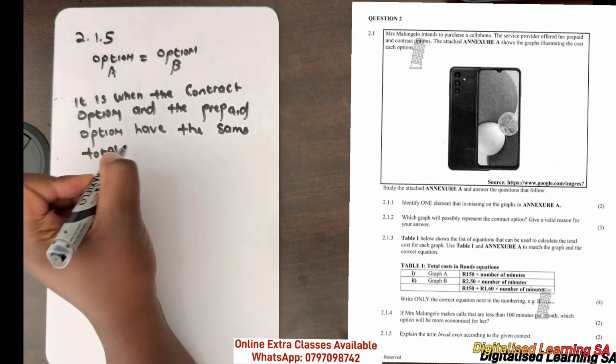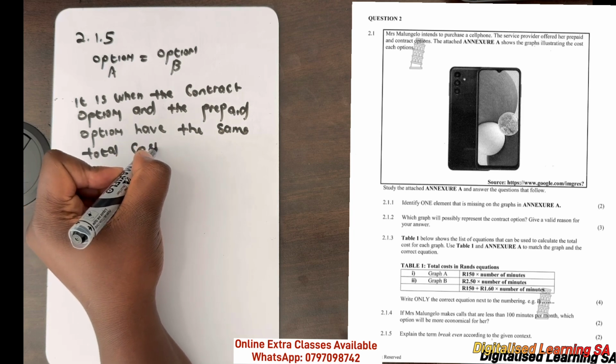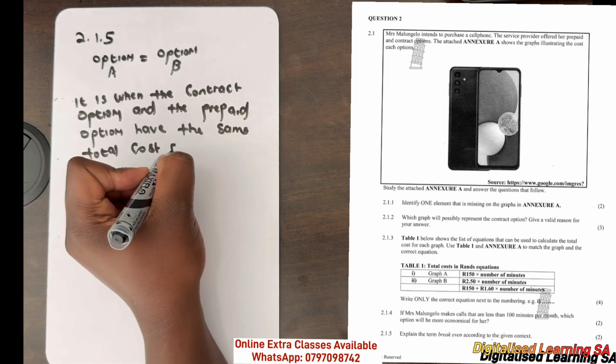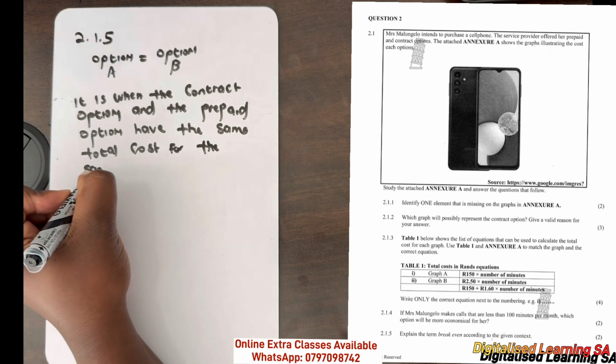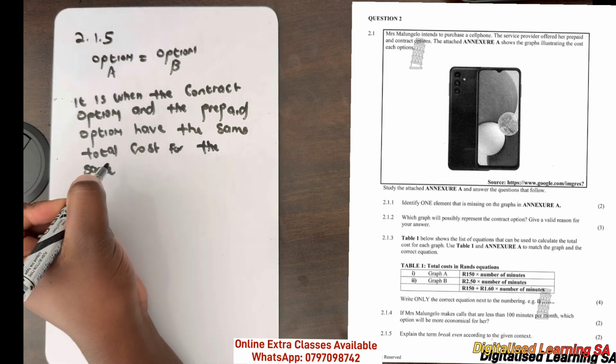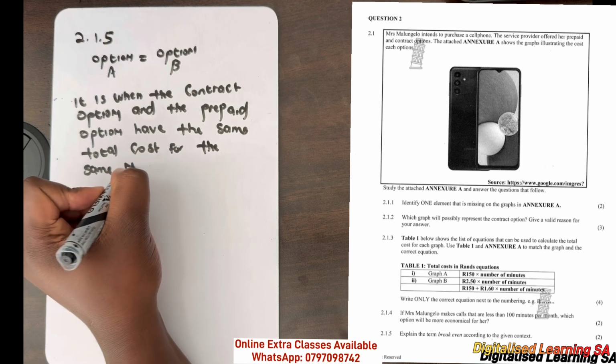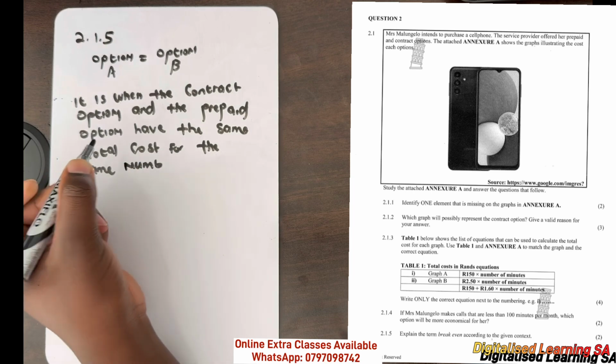So it will cost the same for the same number of talk time minutes.